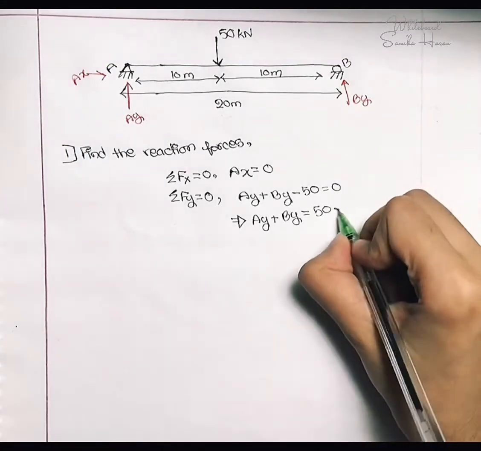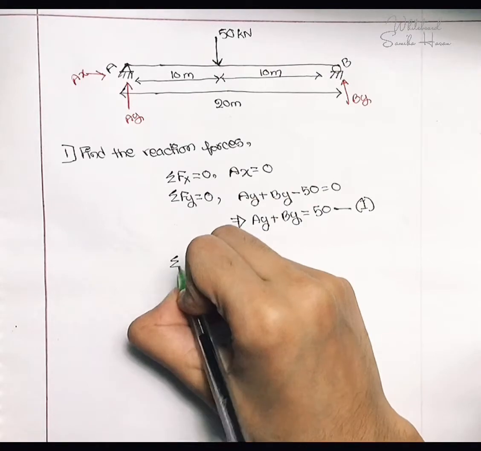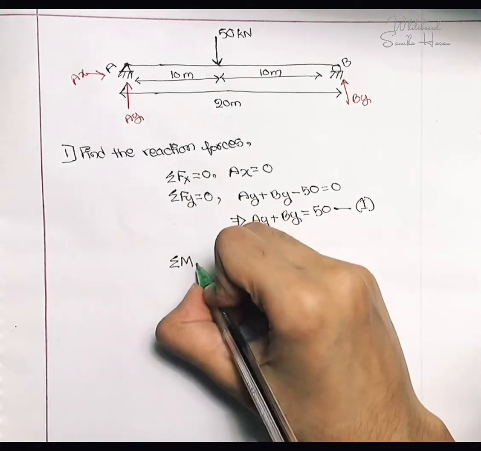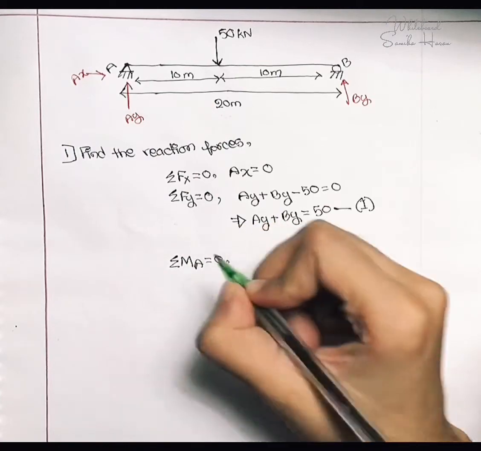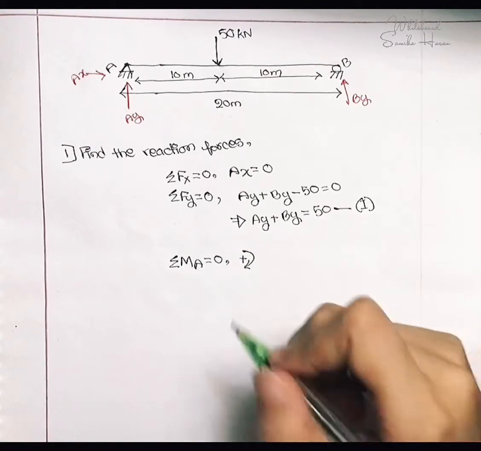So Ay plus By is equal to 50. I will name this equation 1. Then I apply my third equation of equilibrium: moment at A is equal to 0, taking clockwise directions as positive.